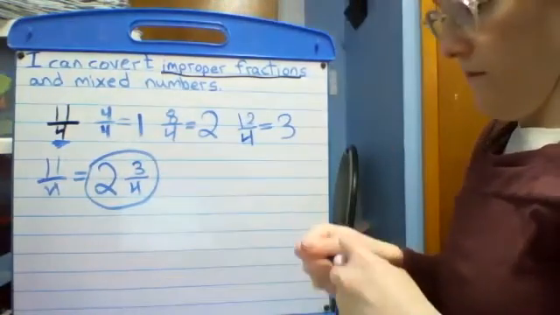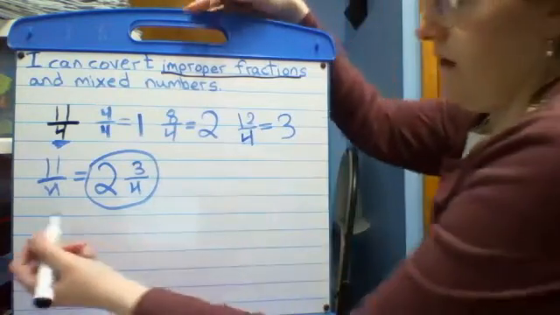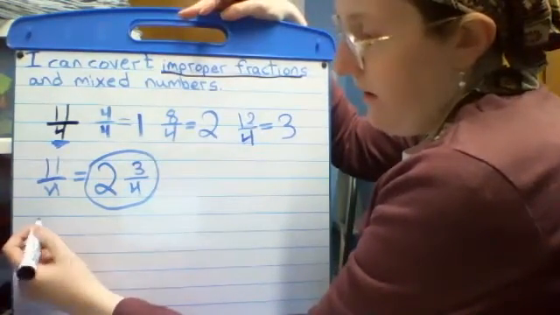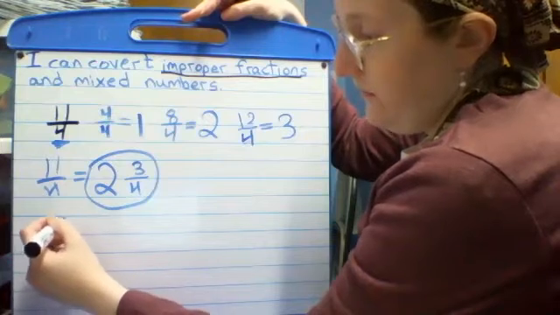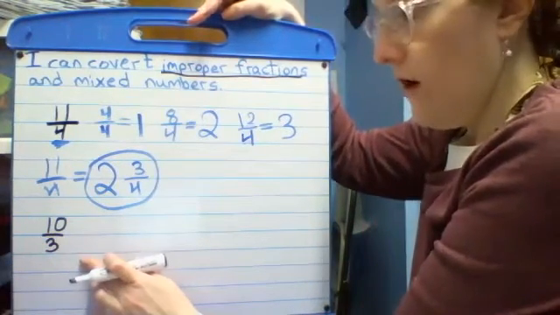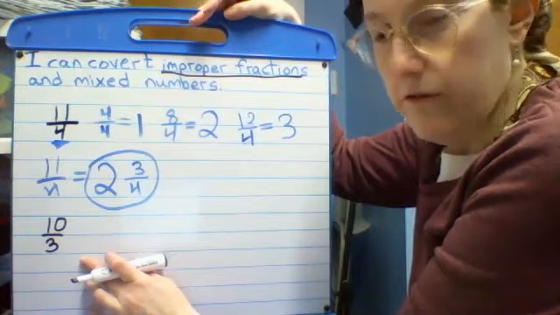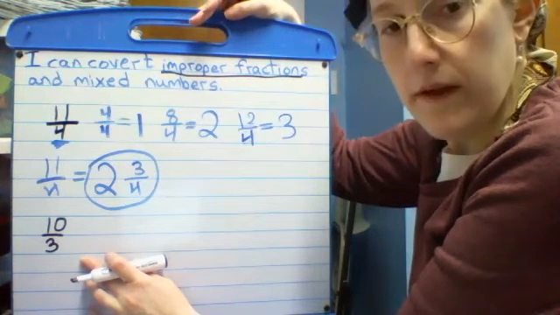Let's try another one. I want you to think about this one by yourself now. Let's say I have 10 thirds. Right now, on your own, pause the video and think for yourself what mixed number that would be.